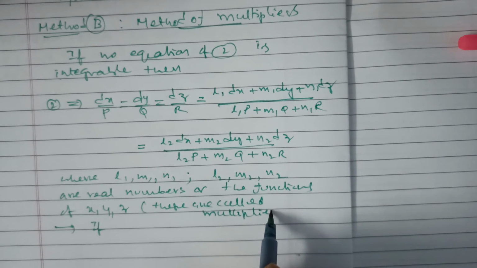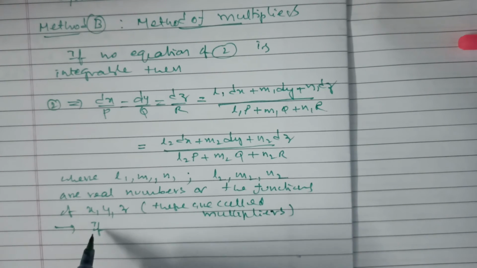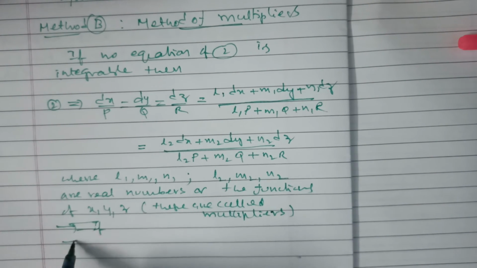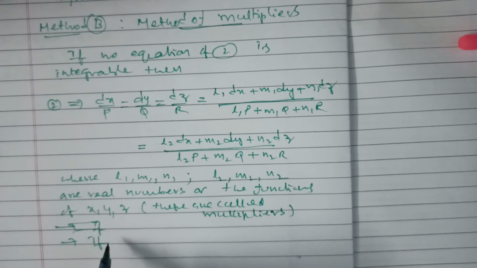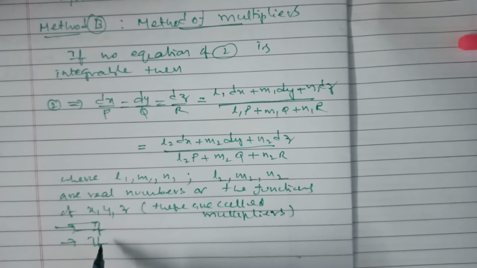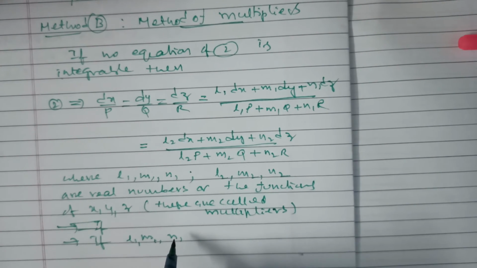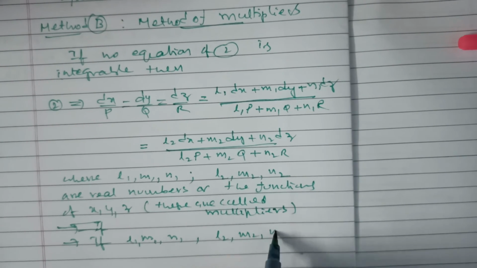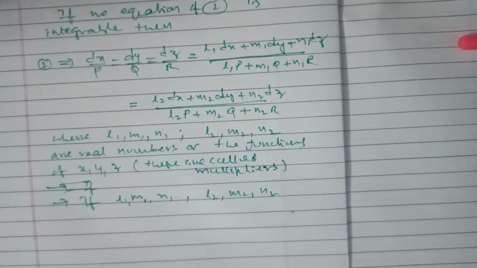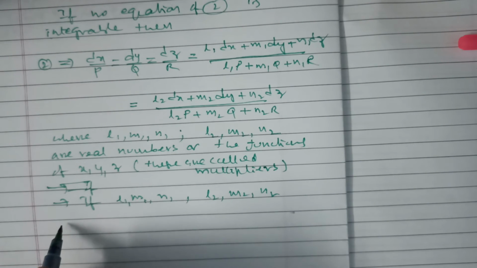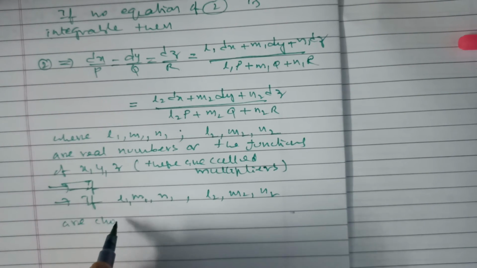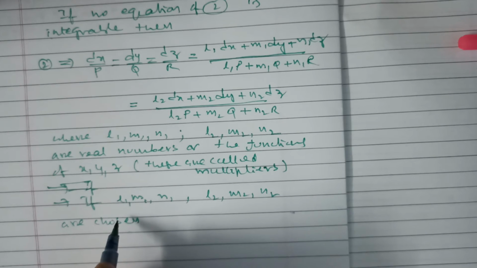Wherever useful, we can take these multipliers. If L1, M1, N1, L2, M2, N2 are chosen, how can we choose them?